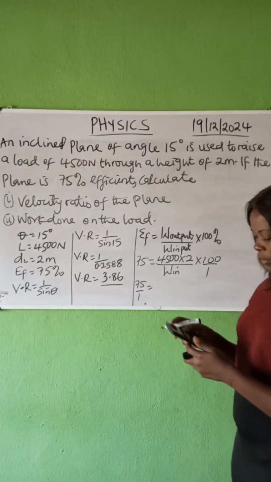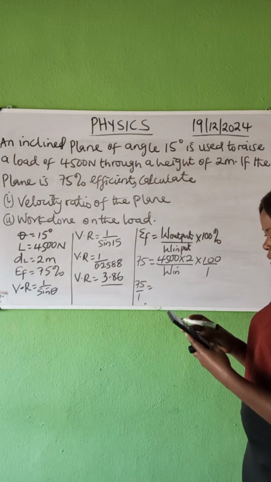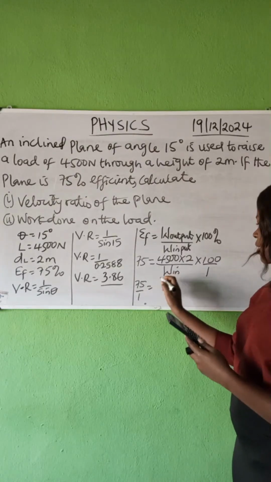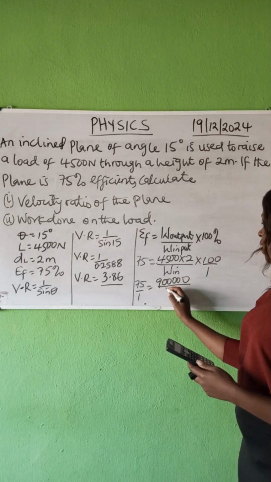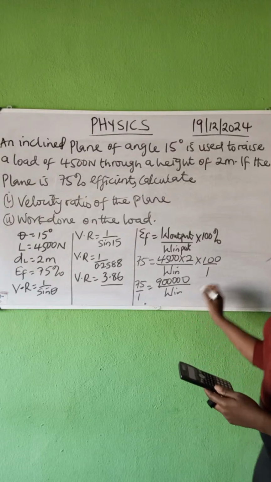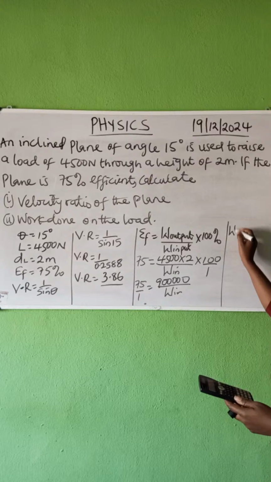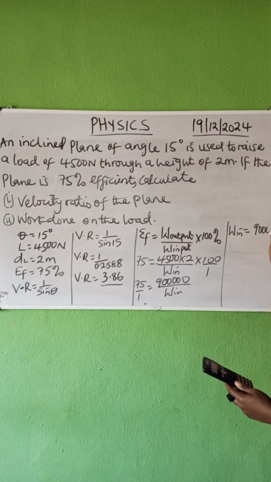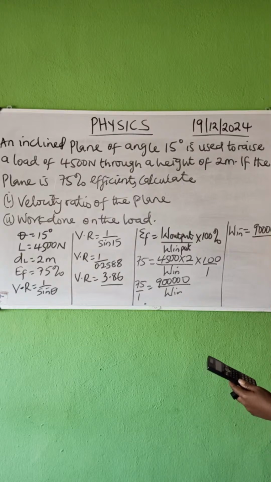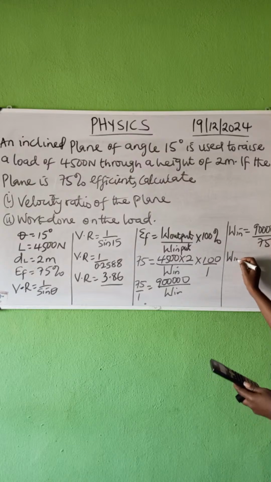So let's go. We're going to say 4,500 multiplied by 2, then multiply by 100. My answer becomes 900,000 divided by work input. So I'm going to divide both sides by the coefficient of work input, which is 900,000 divided by 75.